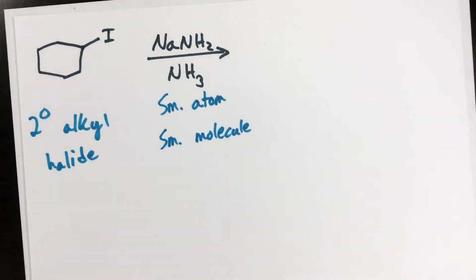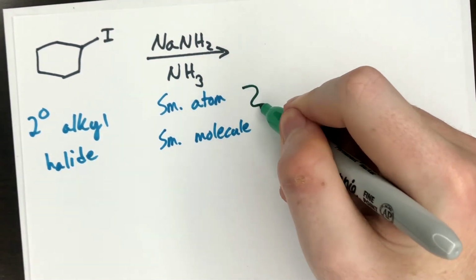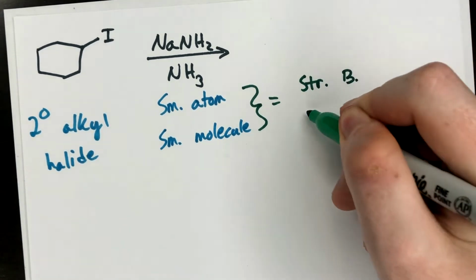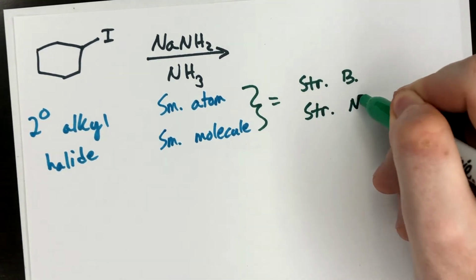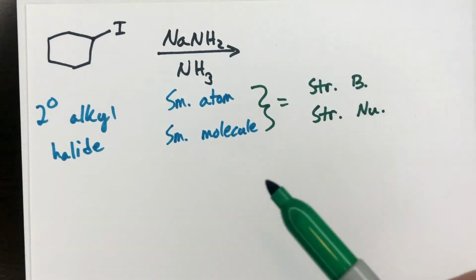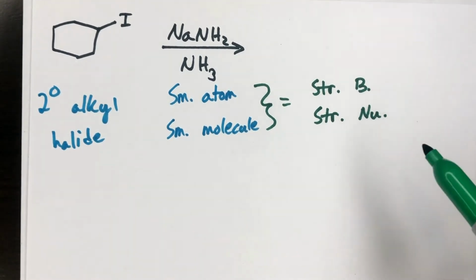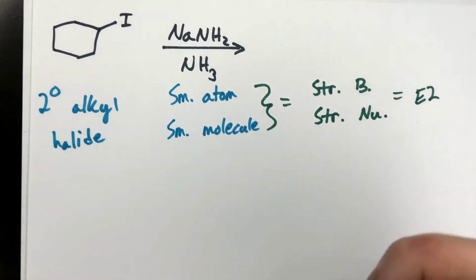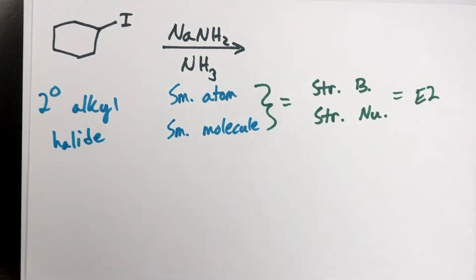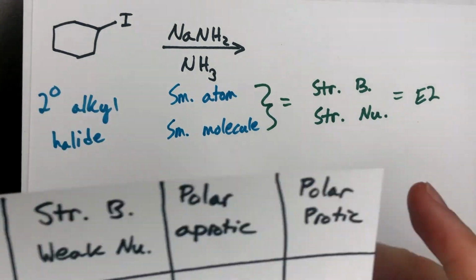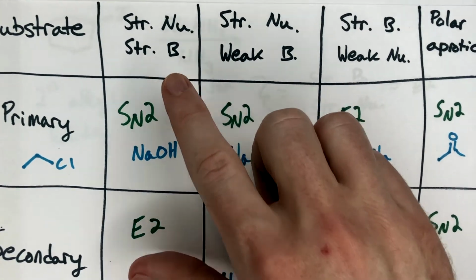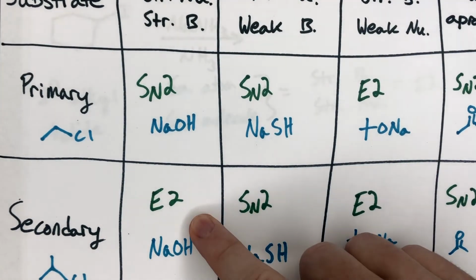So putting these two pieces together, this would say that it is both a strong base and a strong nucleophile. But since it's secondary and it's a strong base, this is going to be E2. Right? We can look at the chart to confirm this. But remember the explanation. All right, so here we have a strong nucleophile, strong base, secondary, E2.